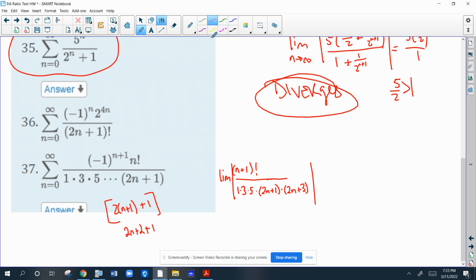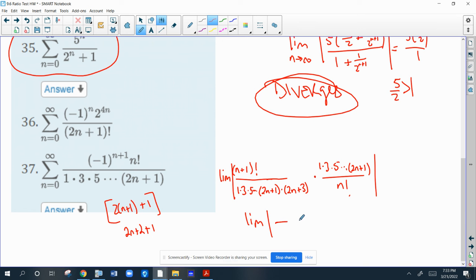Now we have to multiply it by the reciprocal of the nth term, which is all these odd numbers multiplied by each other again, but until you get to 2n plus 1, over n factorial. So you can see what happens for those odd numbers down on the bottom.